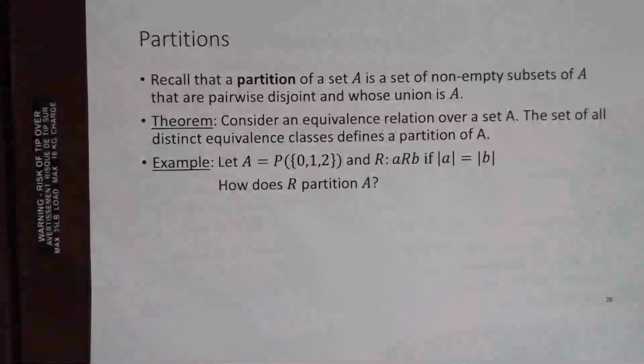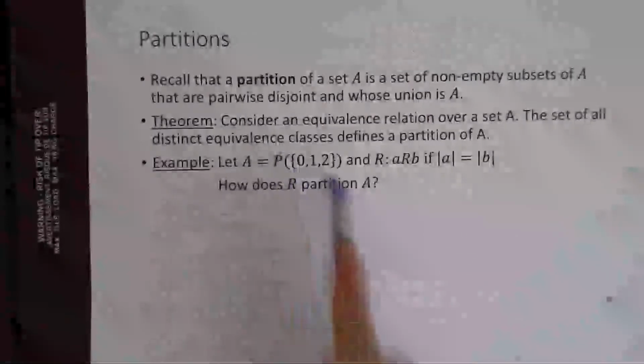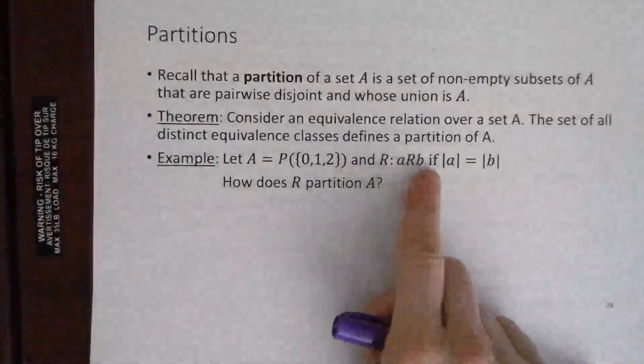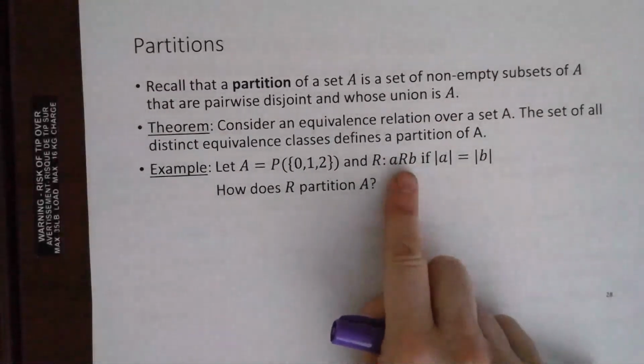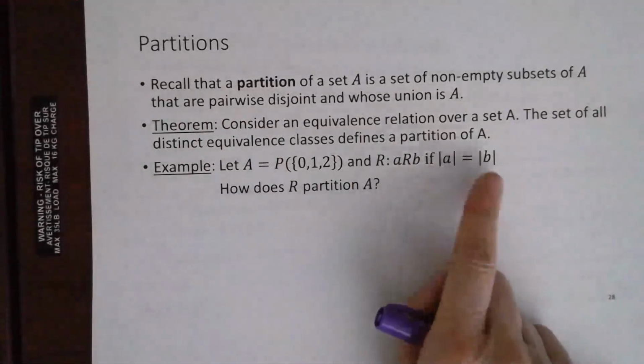Going back to this power set example, but with a new relation. Let's say we define the relation so that two elements of the power set are related if, and then what does this notation mean? Realize that A is a set and B is a set.